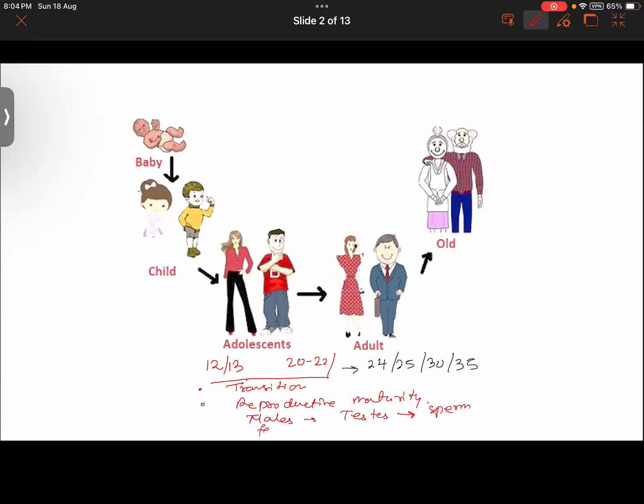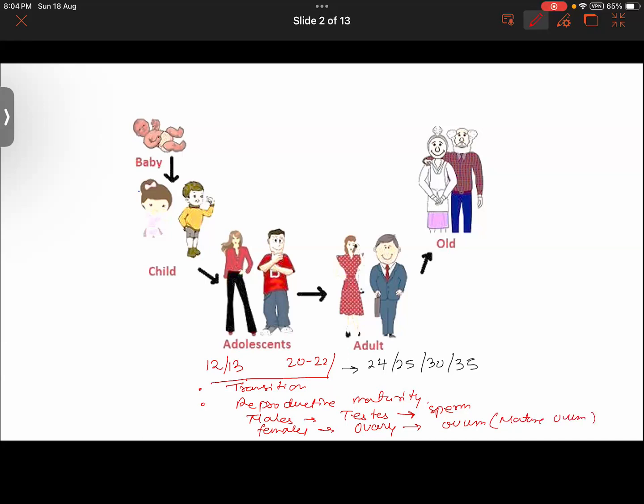In the case of females, the ovary, which is one of the parts of the reproductive organ, produces mature ovum.